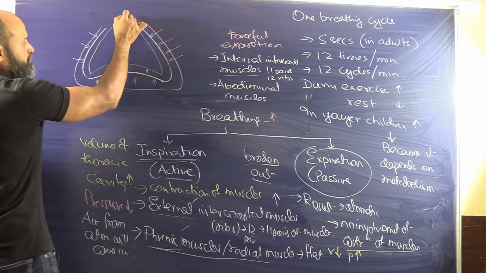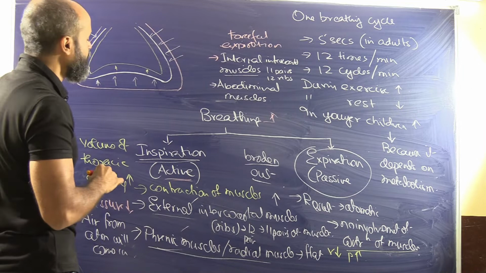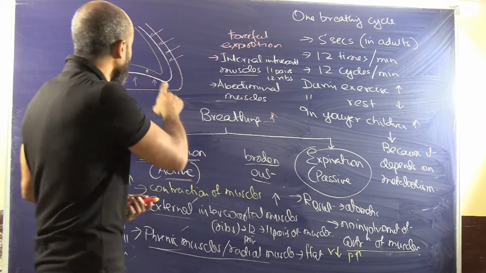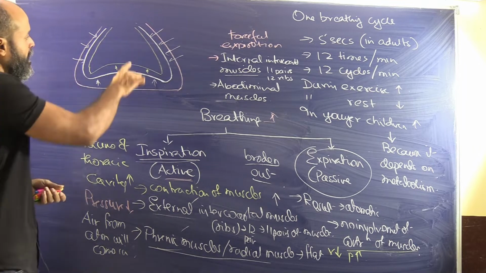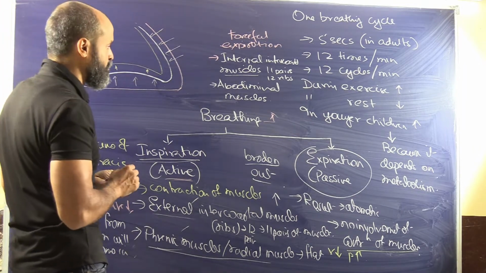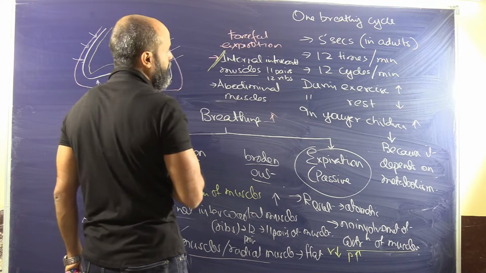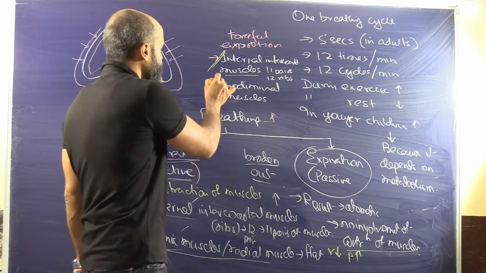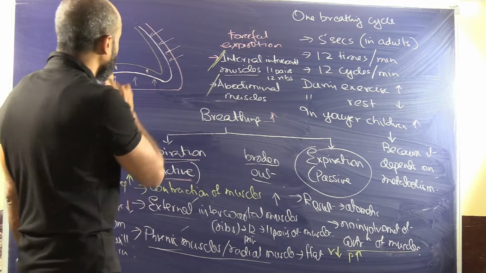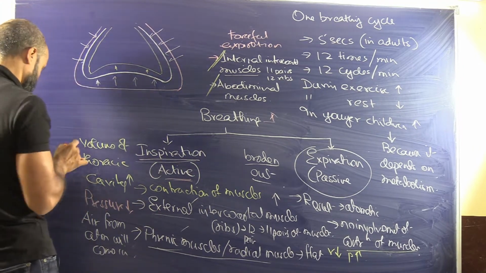This is the normal relaxed position. However, during forced respiration, this is going to happen. This is the new position, which is being assisted by the internal intercostal muscles between the ribs and the abdominal muscles. So they decrease it further, and the volume decreases further.